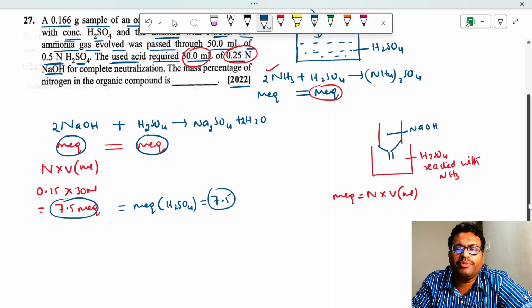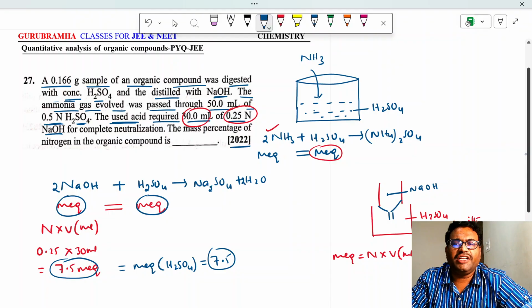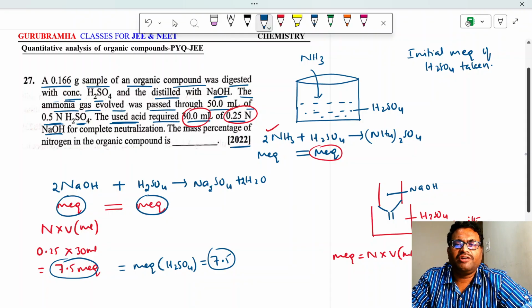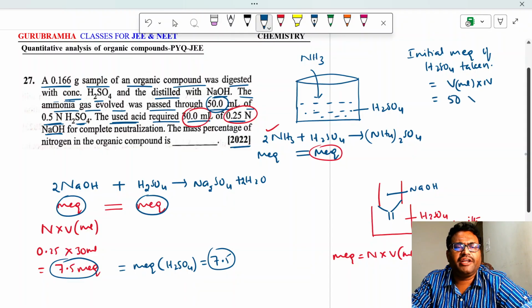But originally, how many milli-equivalents of H2SO4 were taken? Initial milli-equivalents of H2SO4 taken: volume in ml into normality. Here given 50 ml into 0.5 normal.